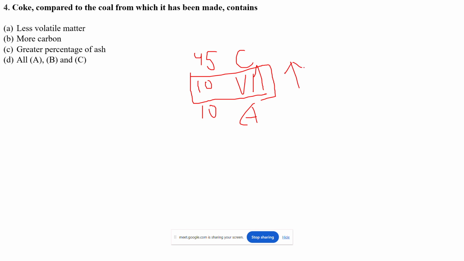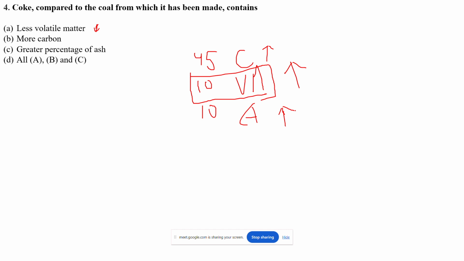Okay. So what will happen now? The produced coke will have less volatile matter. While according to the mass balance, the percentage of carbon is going to get increased, and the percentage of ash is also going to get increased because during the process they are going nowhere. They are not going in flue gases or any other thing.